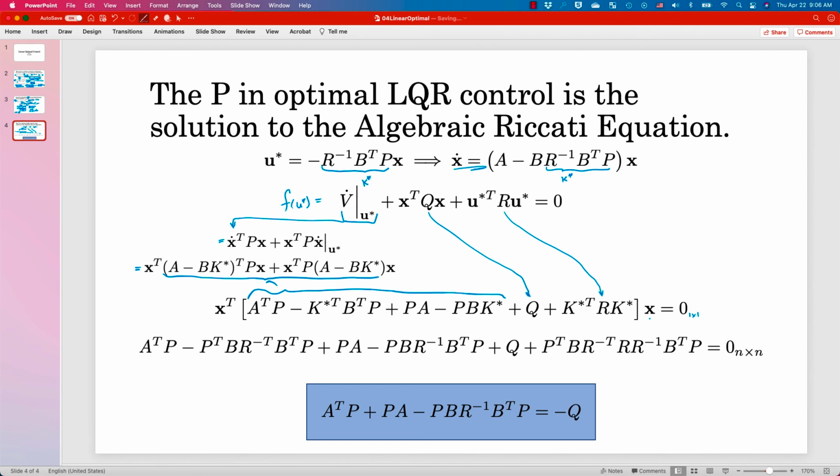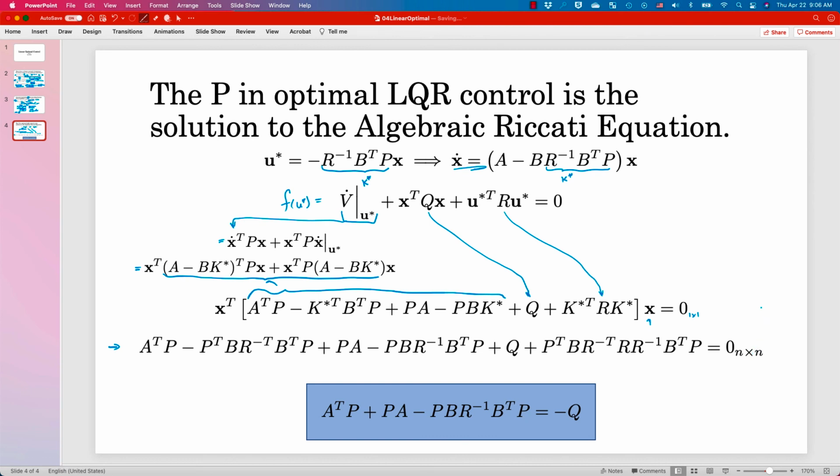If I can't rely on the x's to zero out this expression, then I have to rely on the bracketed term. And so that's where we get this line, is I've dropped the x's away, and I require that the bracketed term be an n by n 0 matrix.